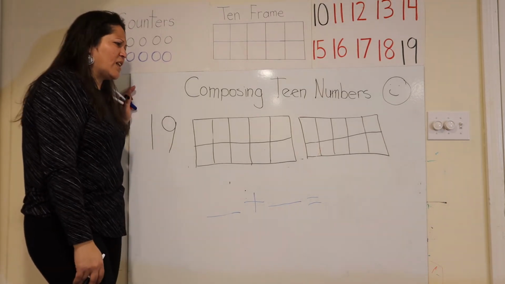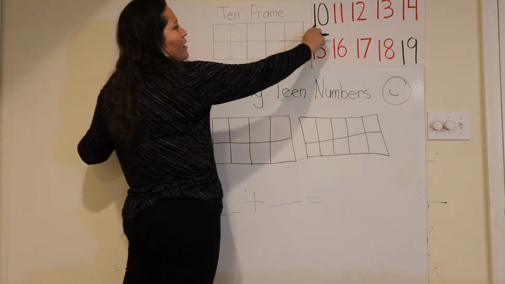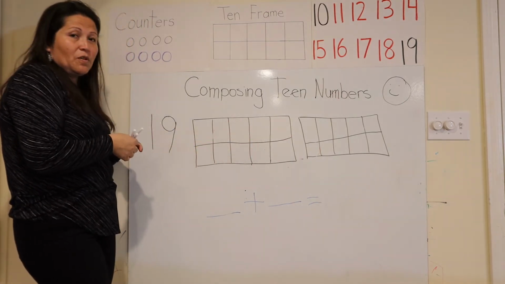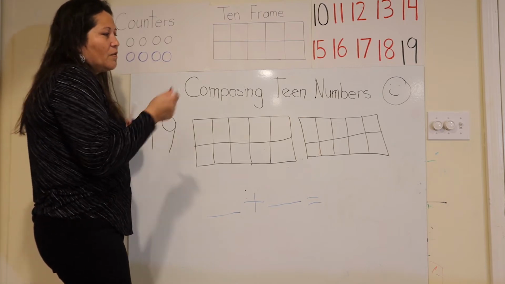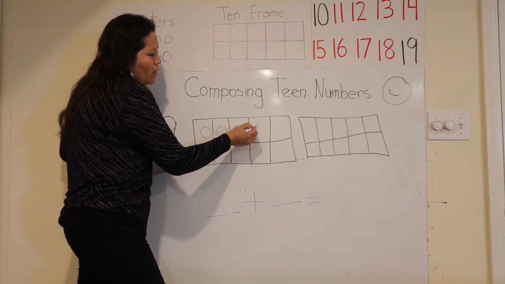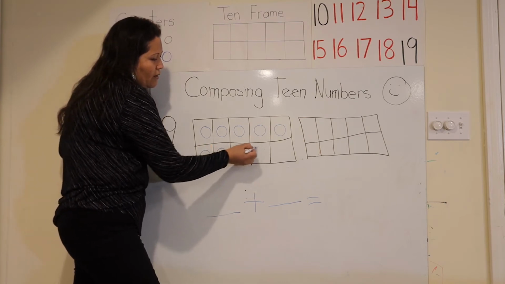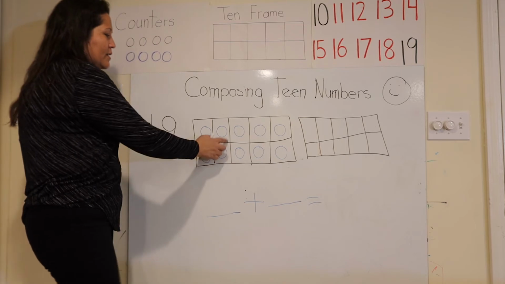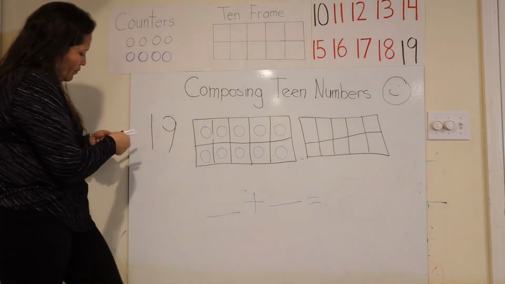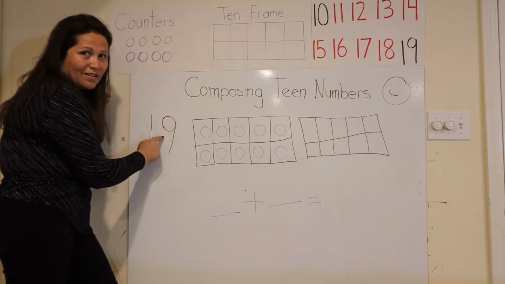So let's break number 19. Let's compose number 19. How do we do that? Right? So number 19 is bigger than 10, so definitely has a full 10 frame. So we're going to start filling out our full frame. Ready? 1, 2, 3, 4, 5, 6, 7, 8, 9, 10. So we're going to do 10 plus how many? How many ones do you think? 9.